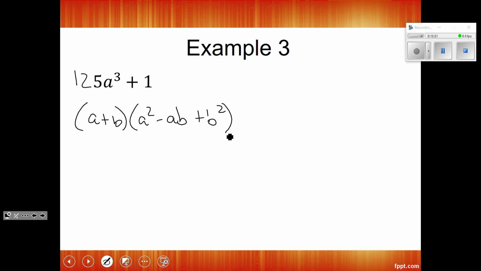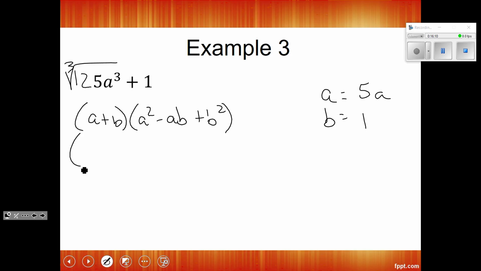Step 2 is define a and b. So a is going to be the cube root of 125a cubed, which would be 5a, and b would be 1. And then from there, all you've got to do is plug it in.